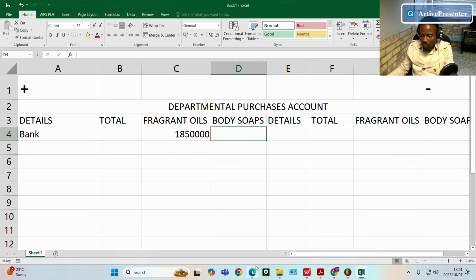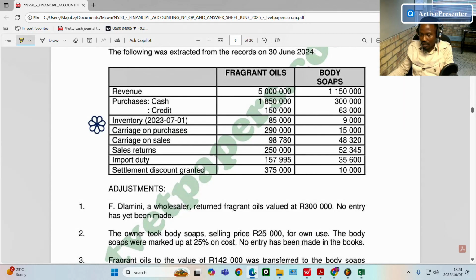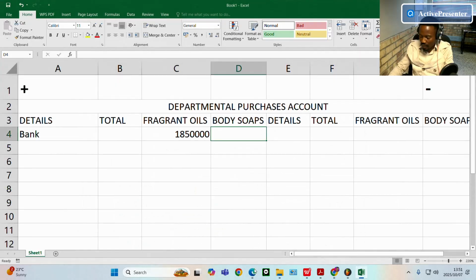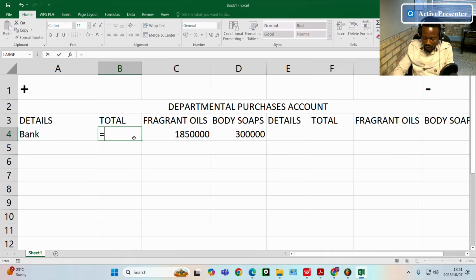And then for soap, it's 300,000. So this is what we bought for cash, and then obviously I'll need to get the total. So I'm just going to add the two. Yeah, so this is the total.